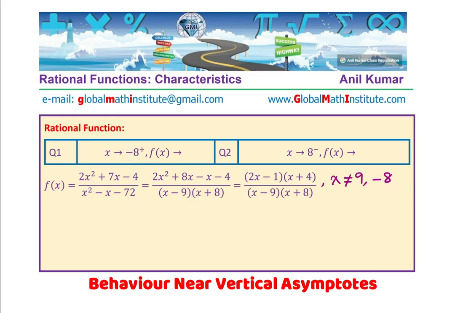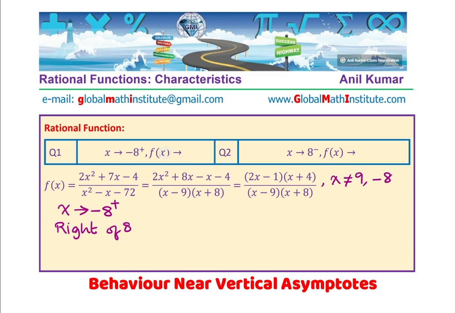That's the whole idea. Now to find the behavior of the curve when x approaches minus 8 from plus, means from the right side. Do you see that? From right of minus 8. In that case, what happens to the y value, that is f of x?